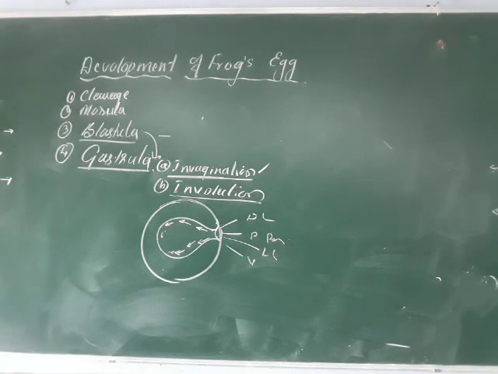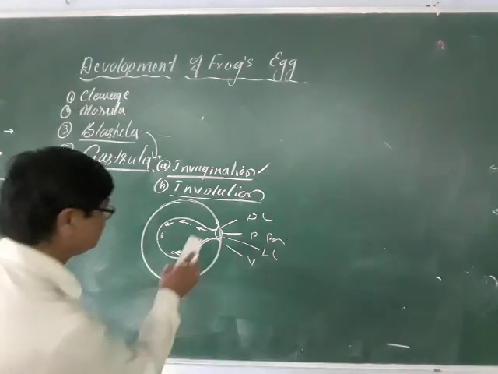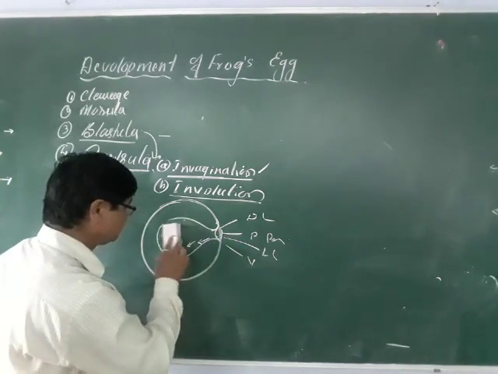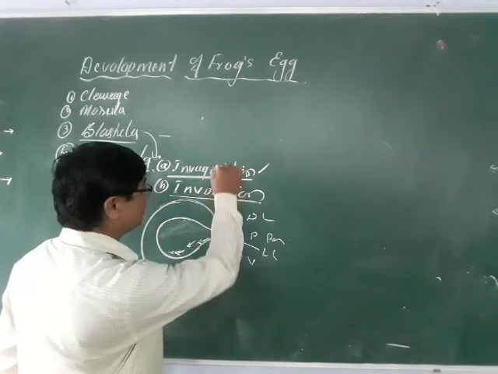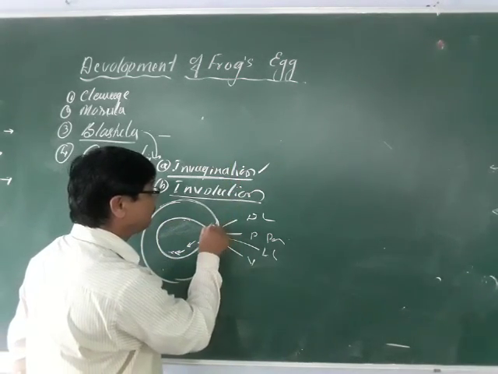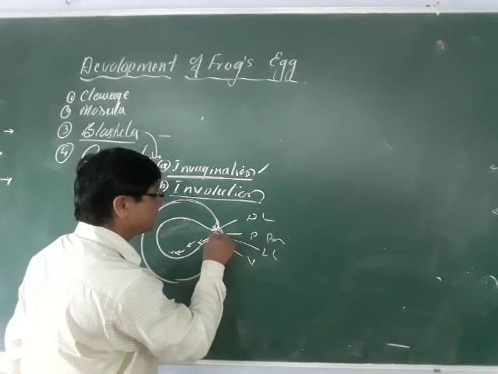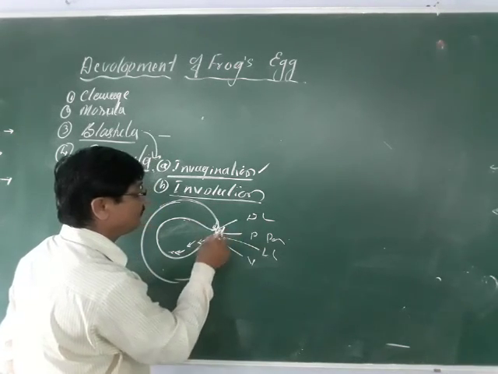I will explain. This is the archenteron already developed during the invagination. The divided cells enter through the dorsal lip, the dorsal pore.